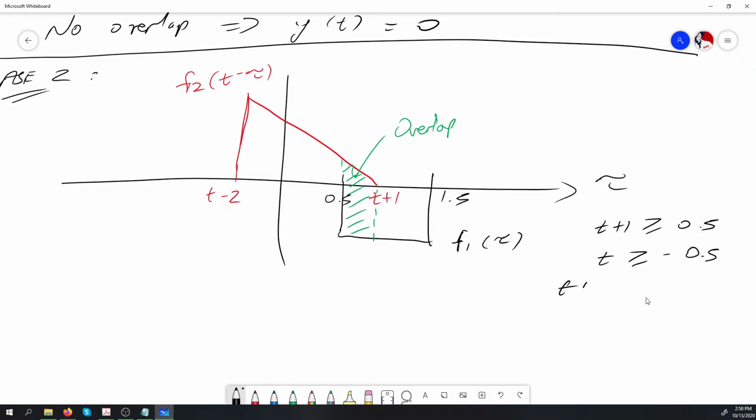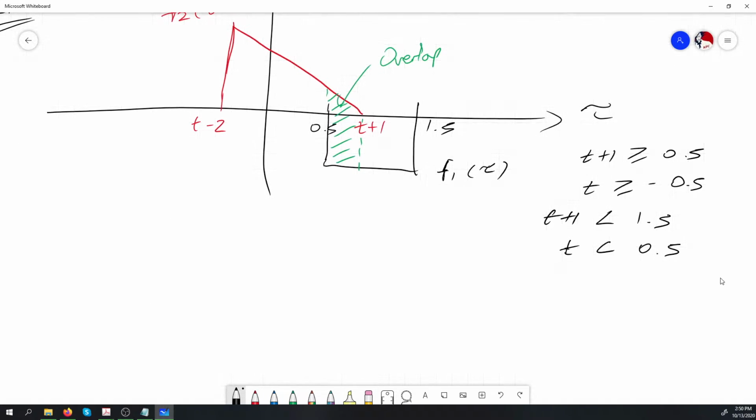But t plus 1 here has not hit the value of 1.5. So t here will end up being less than 0.5 here. And if we combine the t ranges here, we get negative 0.5 is less than or equal to t less than 0.5.